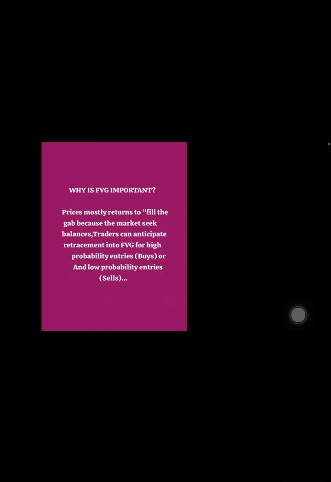Second, the gap created between candles, the gap created between these 3 candles. Then third, break of structure. Your break of structure, BOS, must be active. Then fourth, liquidity. Your liquidity must be active. Yes. So let's dive more on examples.